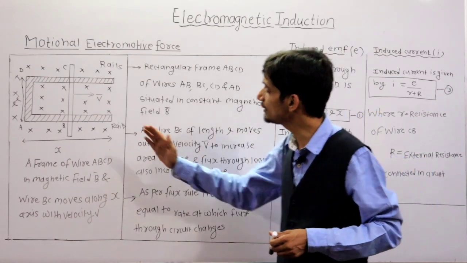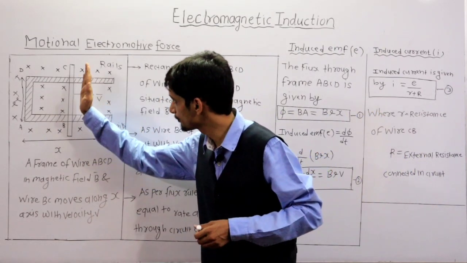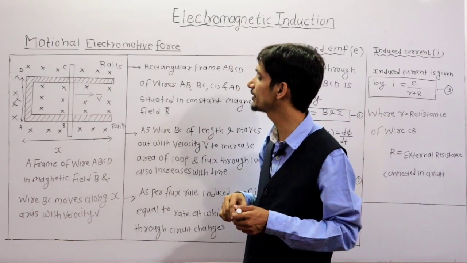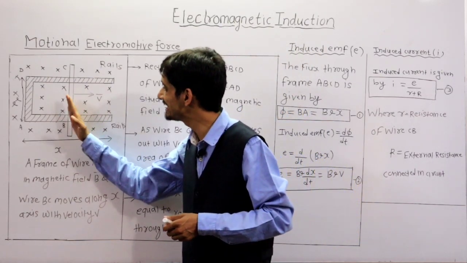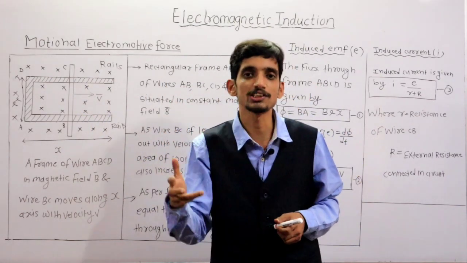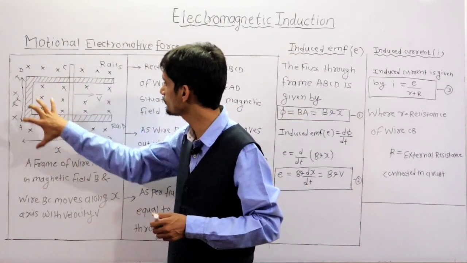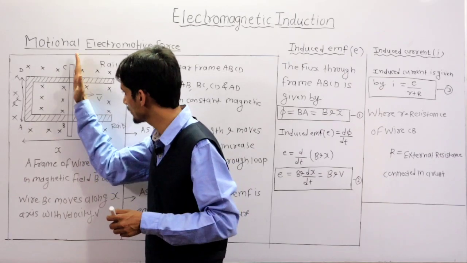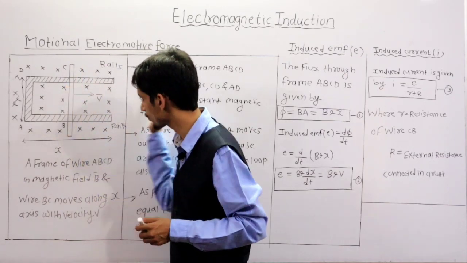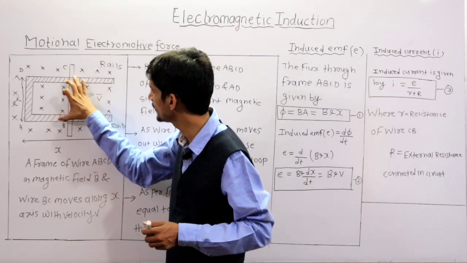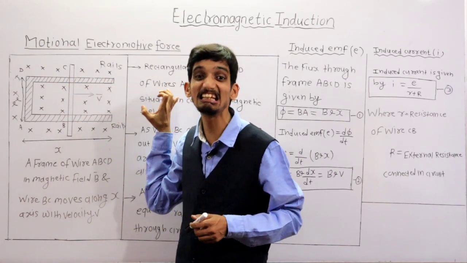When wire BC moves towards the right, definitely the area swept by that rod changes or increases because this entire arrangement is placed in a magnetic field.